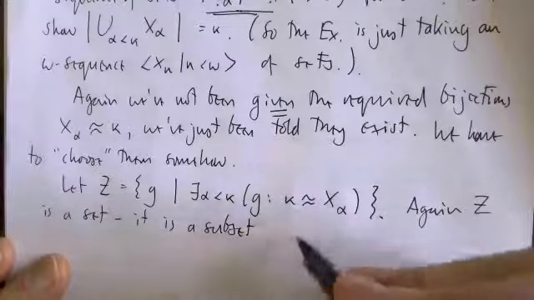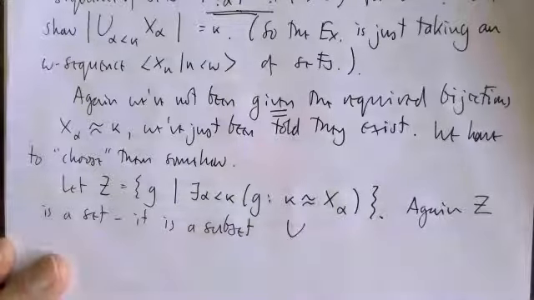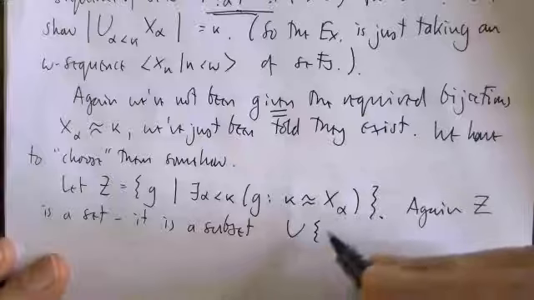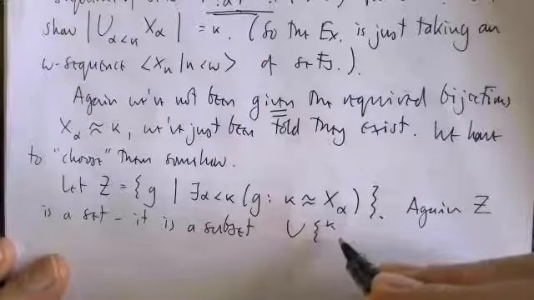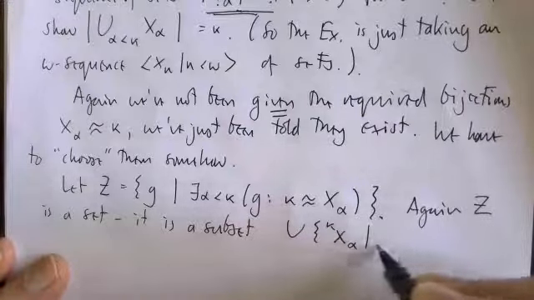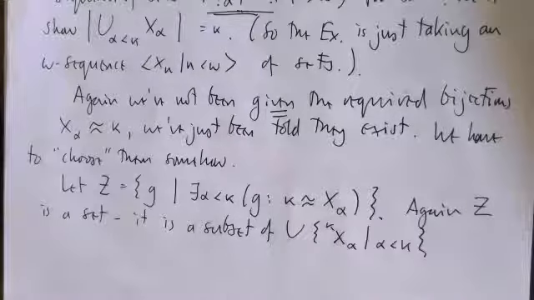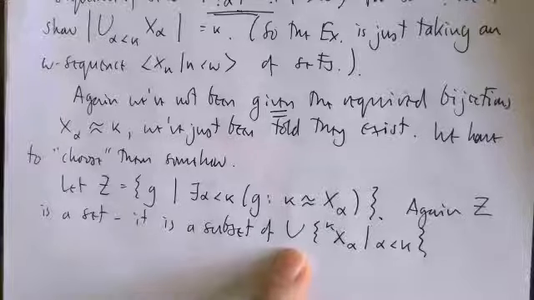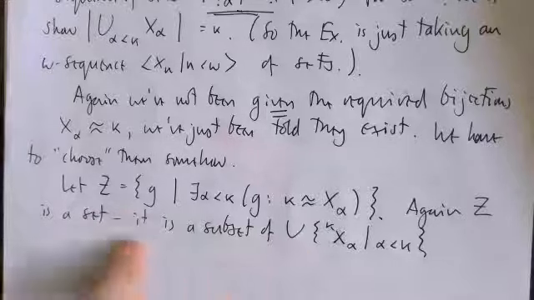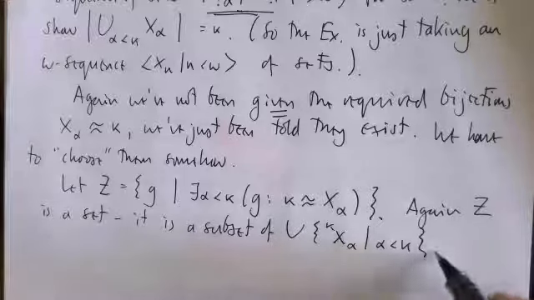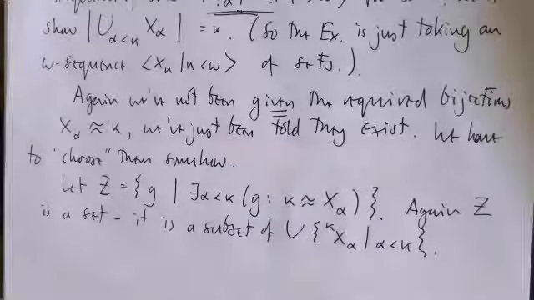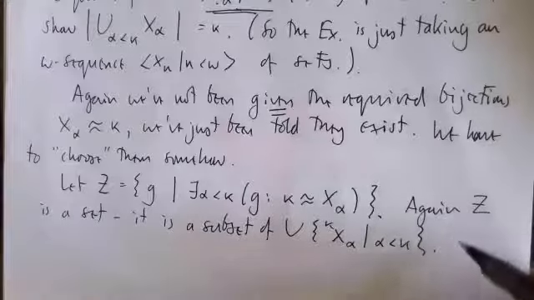It's a subset of the union of all possible functions from kappa into X alpha. So I can justify that this union is a set. By the axiom of subsets, this will pick out Z. But that's not the issue at the moment. We then well order Z using the well ordering principle.